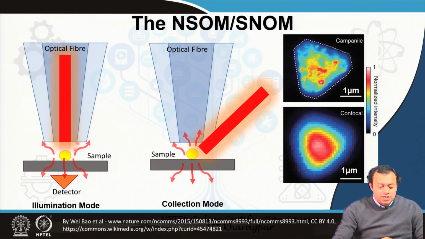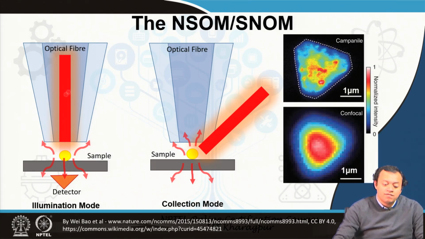That is the telecom wavelength, what optical fibers usually carry, but do not worry about that. You have a sample which is 50 nanometer in size. 1.55 micrometer is the wavelength of the laser that the optical fiber is carrying. So, obviously, there is a mismatch.